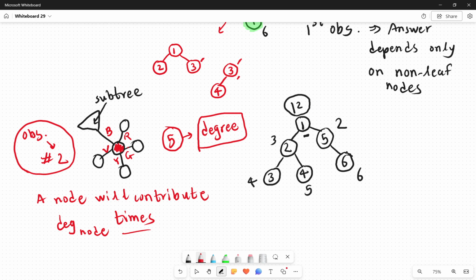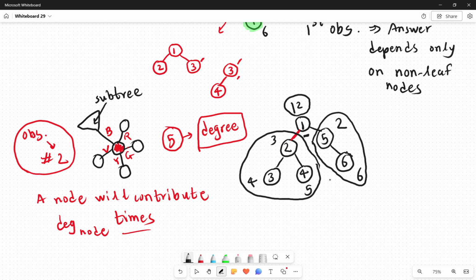And one more thing is that, suppose you draw an edge here. Now my black colored subgraphs would be this and this thing, right?